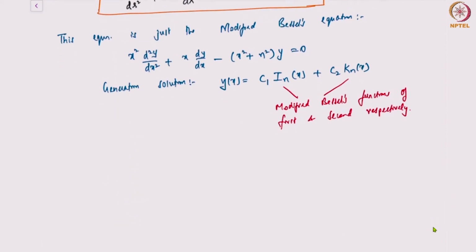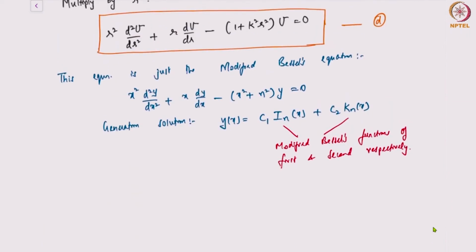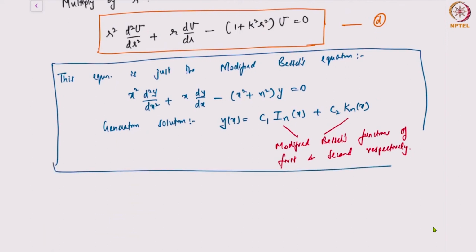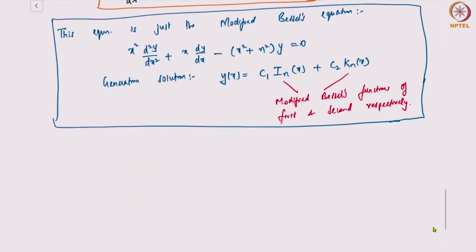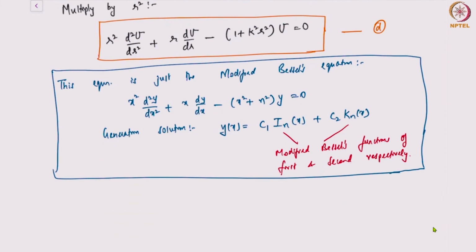Right? Now let me separate this discussion. This is just additional information. Now if I were to compare the modified Bessel's equation with our equation D that we have derived, then we can see that the equations are identical when I make the following change.